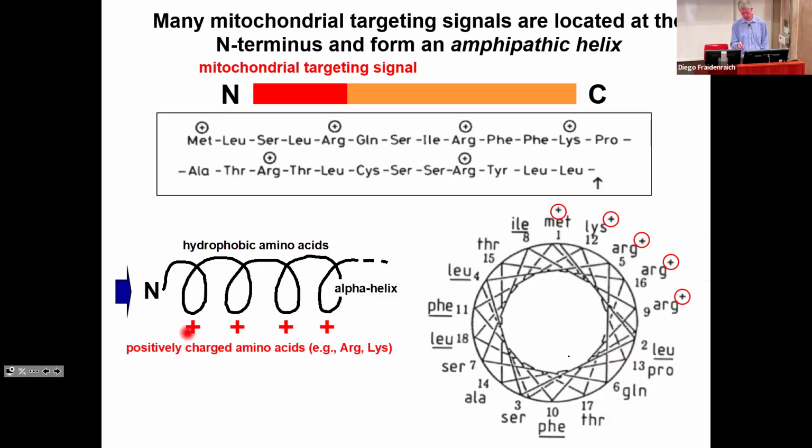So here, positively charged amino acids, arginine, lysine, are on one side, and hydrophobic amino acids on the opposite side of the helix. So you want to memorize this very carefully. I hope you understand. Again, hydrophobic on one side, positively charged on the opposite side.